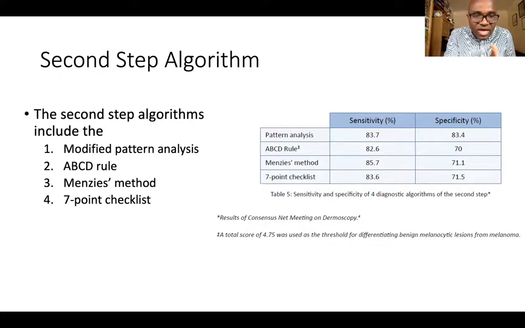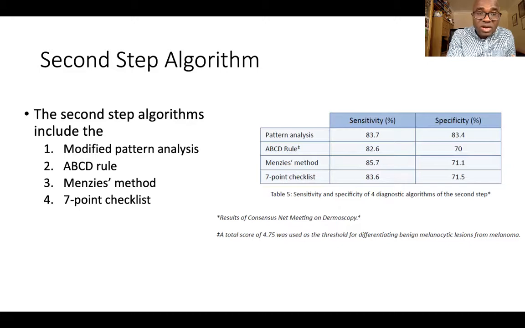You have the modified pattern analysis, which is what we're going to use in this video. What we're not going to delve into is the ABCD rule, the Menzies rules, the 7-point checklist, and there are various others that have been published, which you can see on various websites on dermoscopy, and it depends on which one you favor.